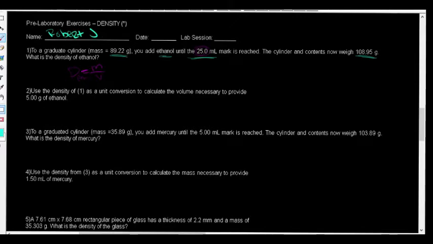So we have our volume. Let's figure out our mass. So our mass is going to be the final weight of the graduated cylinder minus the graduated cylinder itself. And the reason we do that is because we only want what the ethanol itself weighs.